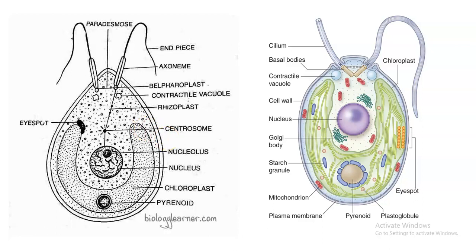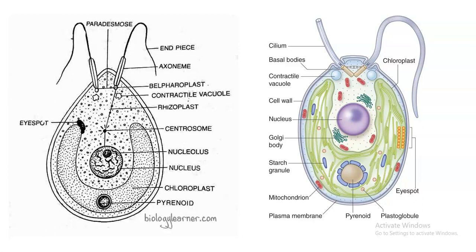Asexual reproduction occurs by zoospores, aplanospores, hypnospores, or a palmella state associated with the hypnospores. We'll see each of these modes of asexual reproduction later. Then coming to sexual reproduction, it happens through isogamy, anisogamy, and oogamy.